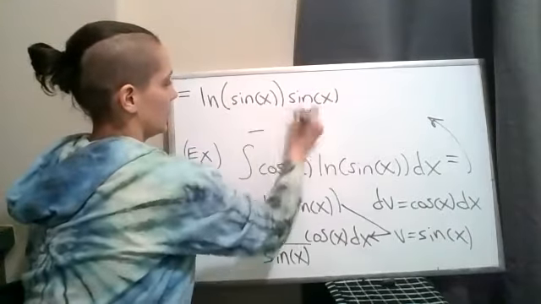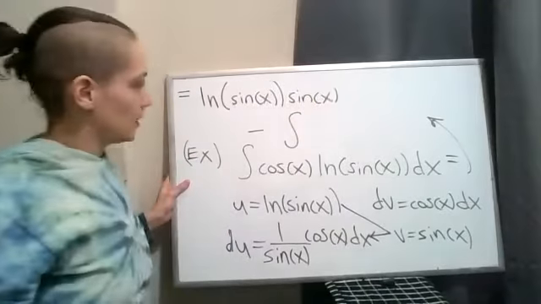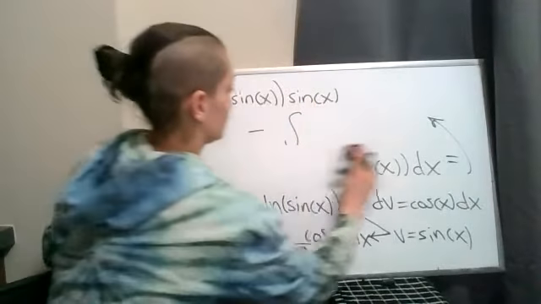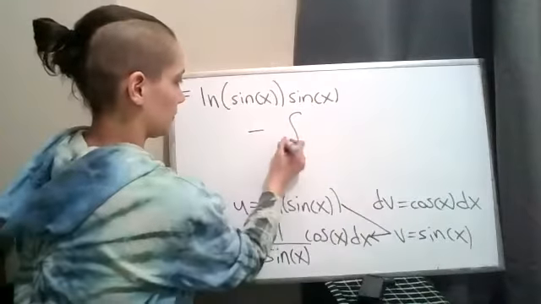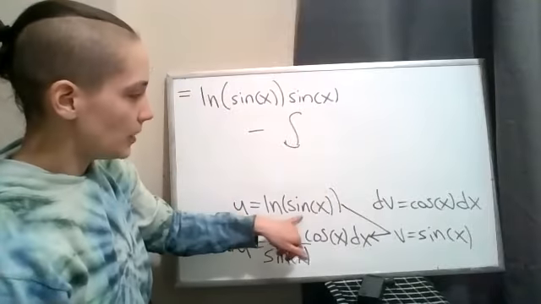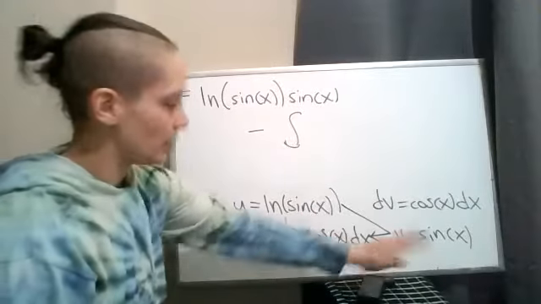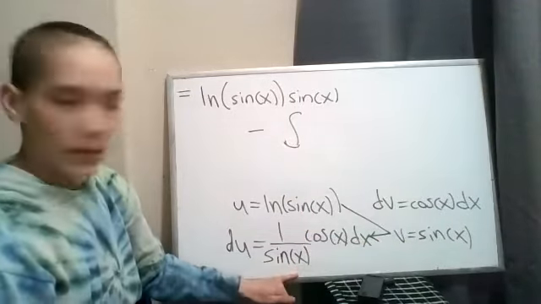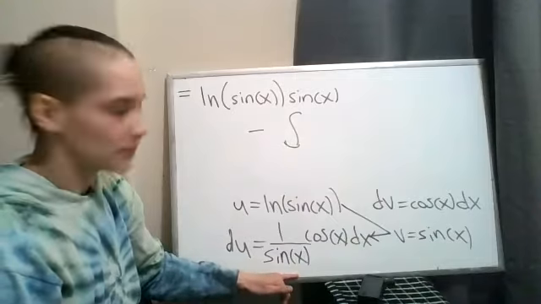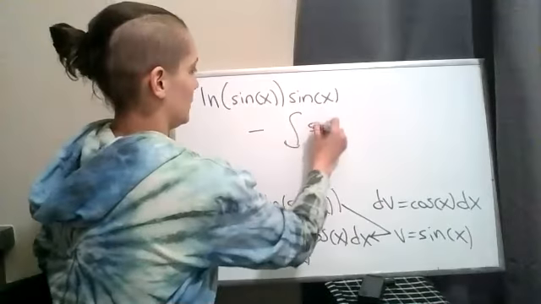So subtract the integral of ln of sine of x. No, we did that part. Okay, of sine of x times cosine of x over sine of x dx.